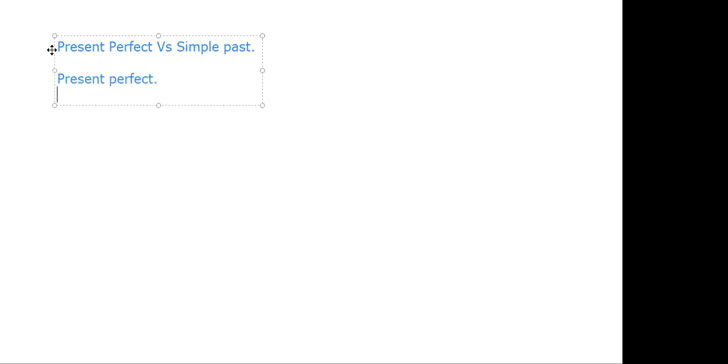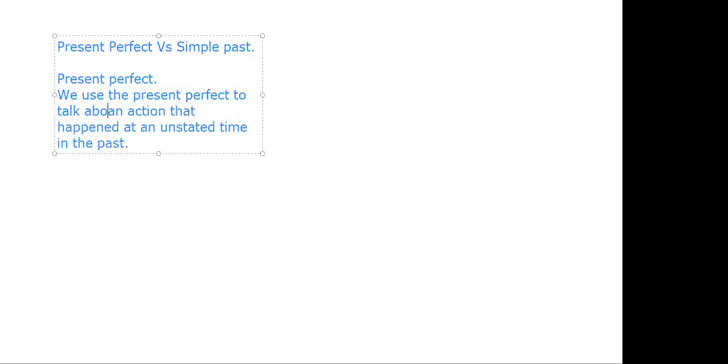Present perfect. In present perfect, we use it to talk about an action that happened at an unstated time in the past.